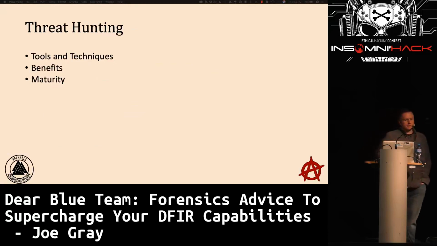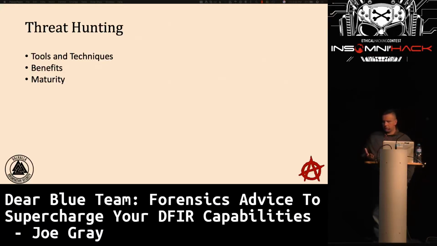So in terms of threat hunting, we have our tools and techniques, our benefits, and the maturity. So in terms of tools and techniques, I'm going to say something that's probably going to be a major surprise, or probably not. The tools and techniques you're going to use for threat hunting basically are the same that you're going to use for a forensics investigation after the fact. You're going to use your SIEM, you're going to use the tools, you're going to test for certain things, you're going to see what outcomes come from this.